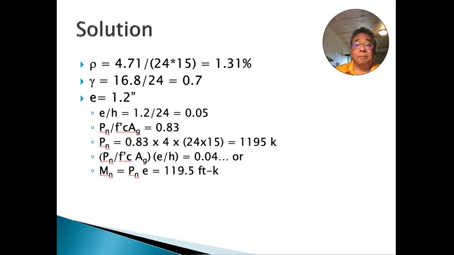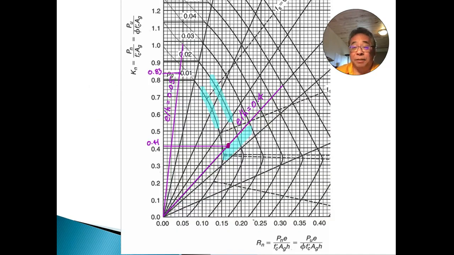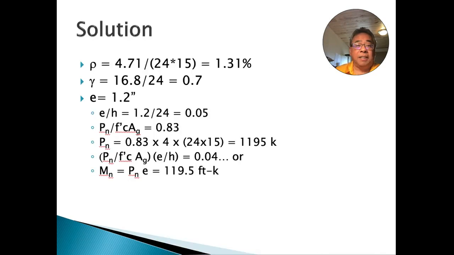The moment, you could try and read the x-axis off of those things, but it was easier since I know that the moment is just P times E and E was given. I just took what I got for P. In this case, 1,195 times 1.2 inches, which obviously I rigged because that's 0.1 feet.